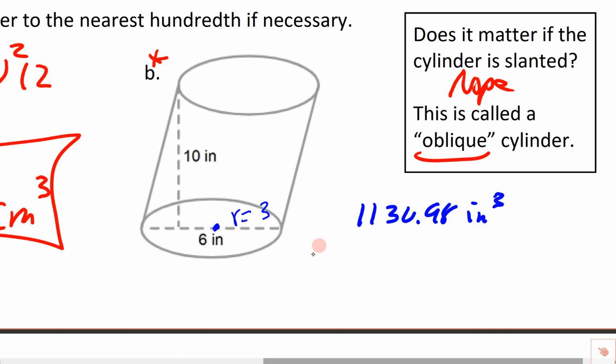Radius is 3. So we should do pi, and then we're going to do 3 squared, and then we're going to multiply it by the height of 10. So throw that in the calculator, and then we should get the right answer. And what is the correct answer? 282.74 inches cubed.